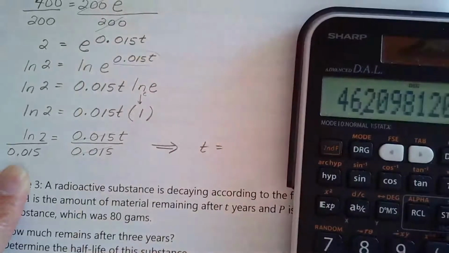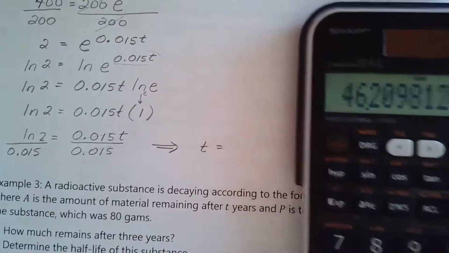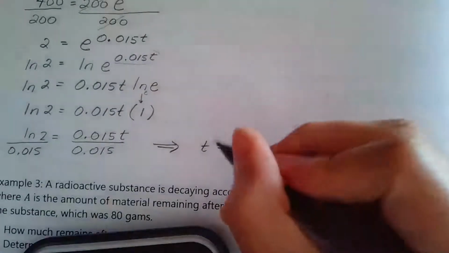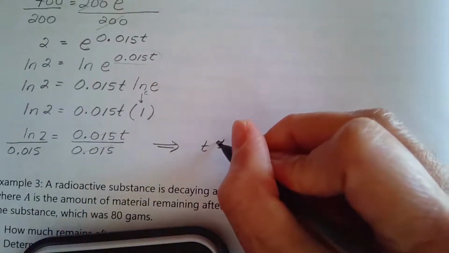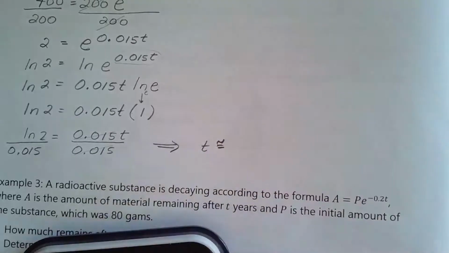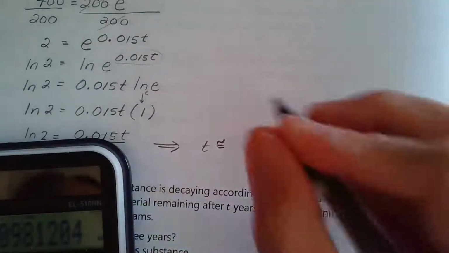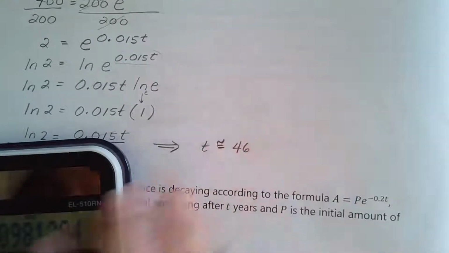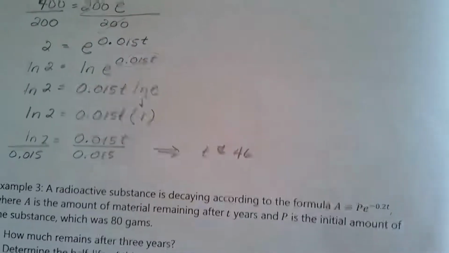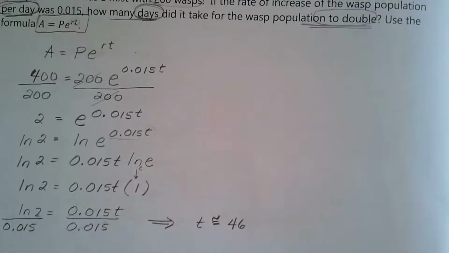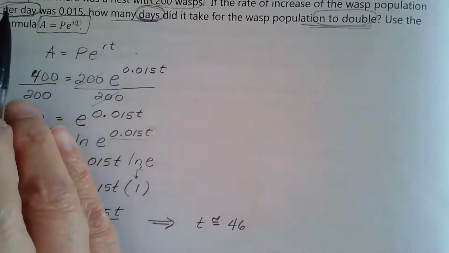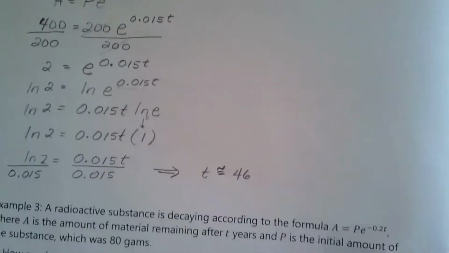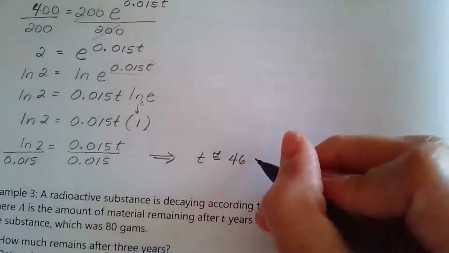Well, we're talking about number of days in here, so it's approximately 46. And because all of our measures of time are in days, per day, this is going to be 46 days.